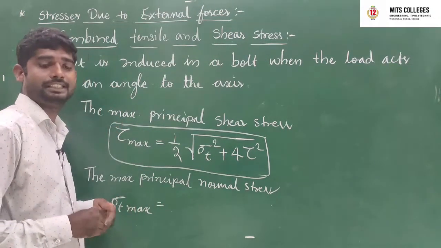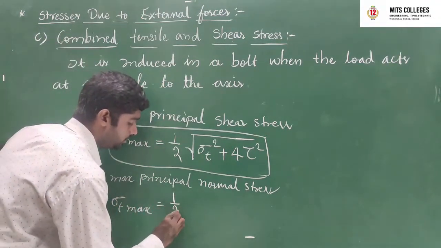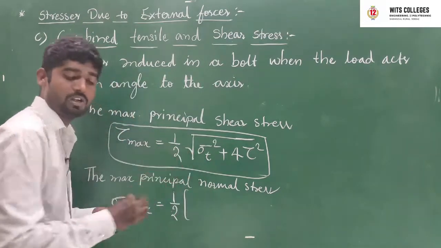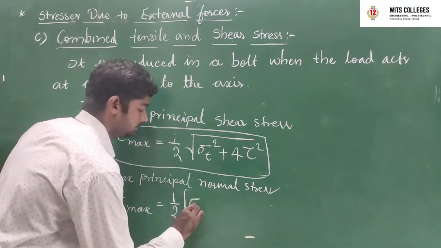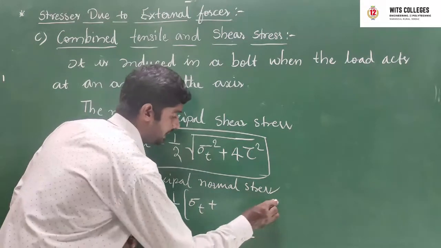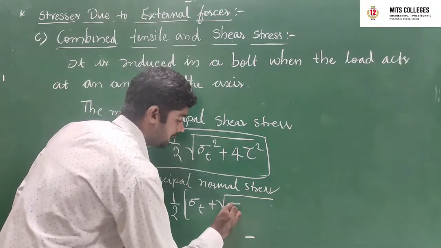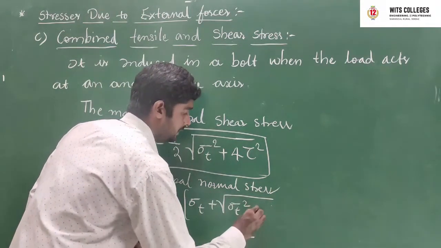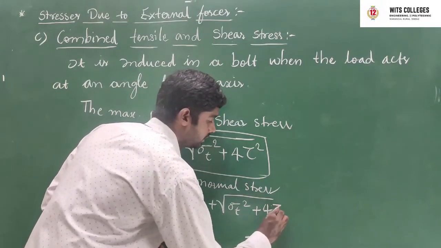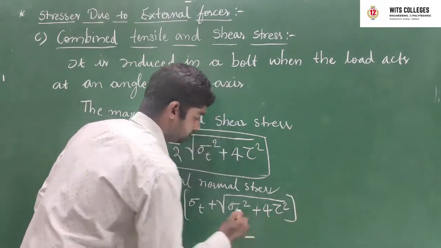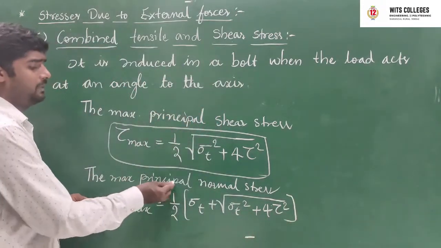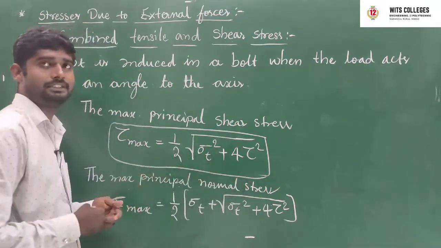Sigma t max is equal to 1 by 2 into sigma t plus under root sigma t square plus 4 tau square. This is the maximum principal normal stress theory.